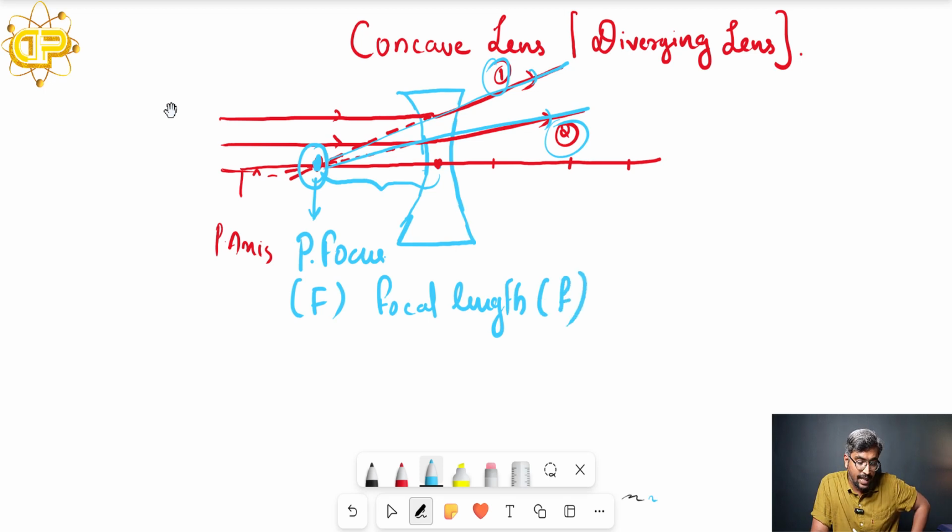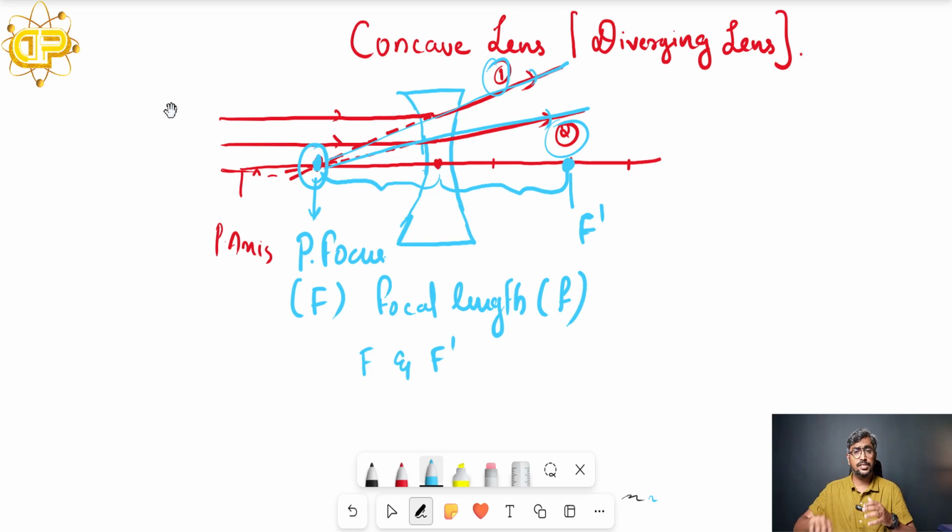Now, calculate exactly the same distance in the opposite direction. Then you will get another point here, that is F dash, the second focus of this concave lens. So there are two foci, F and F dash.